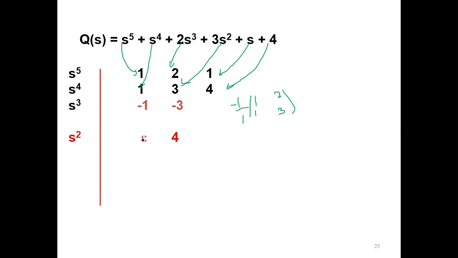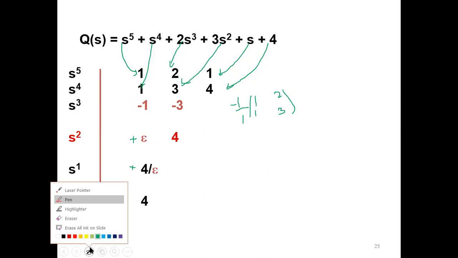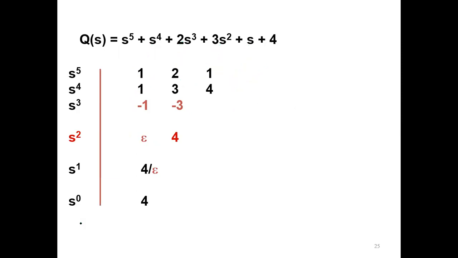As we get 0 in this value, we have replaced the 0 with epsilon. We will continue our calculation with this epsilon until we get this first column. Let's assume that epsilon is positive. We will get positive value, again we get positive value. So in this we get two sign changes. Now let's take epsilon negative. So here we will get negative value and here we will get again negative value.